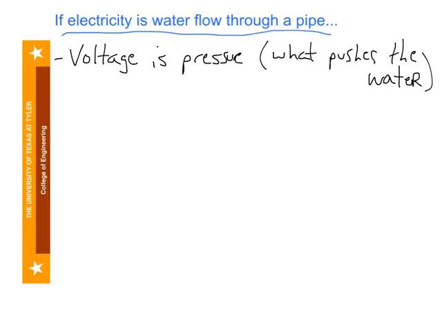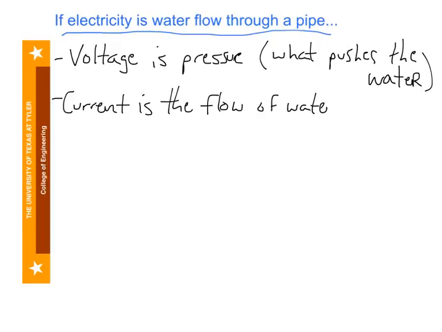And current is the flow of water. I pick water because we can see water. It's tough to see electrons. Water is the charge. That's what's flowing in electricity, the electrons.